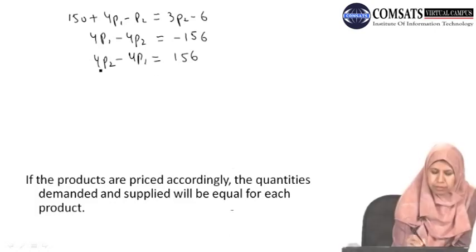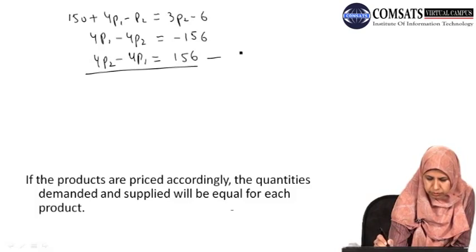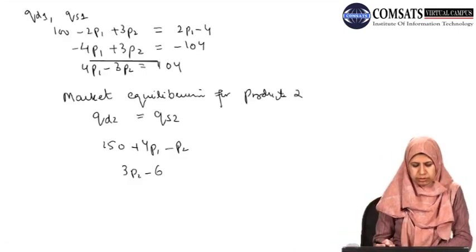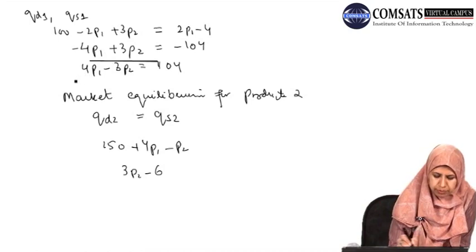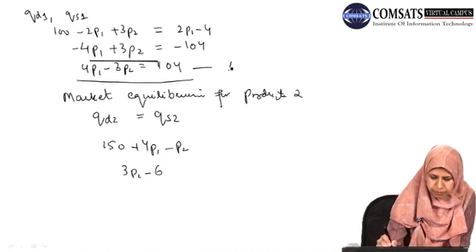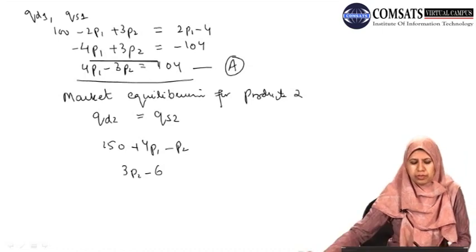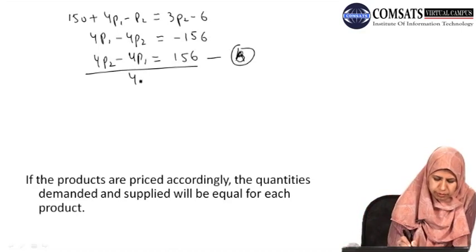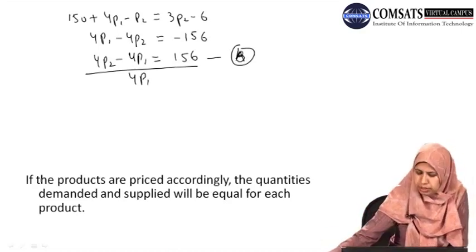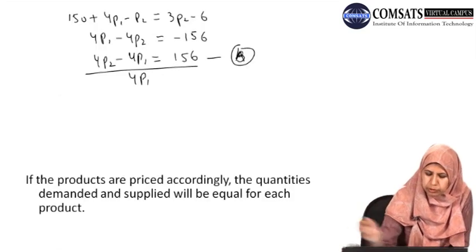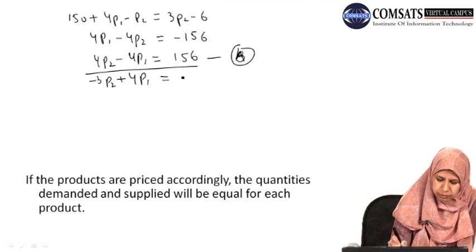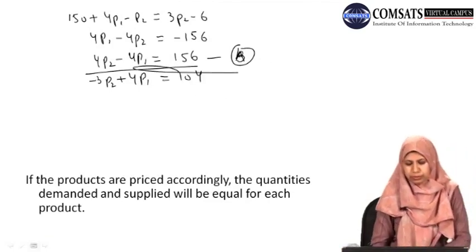Now we have two equations, equation B and equation A. Equation A was 4P1 minus 3P2 equals 104.